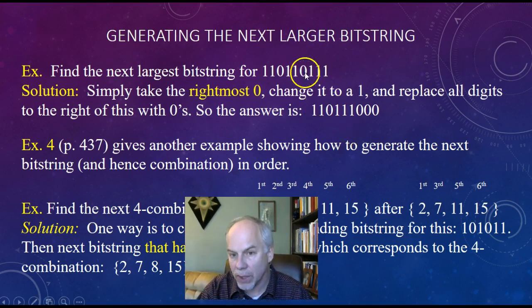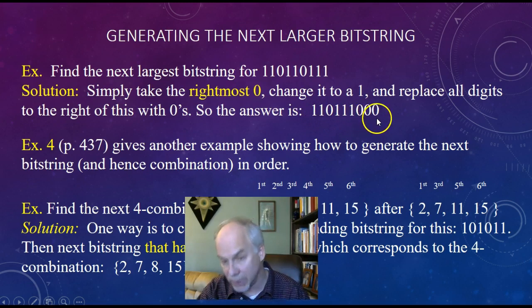So we're going to take this 0 on the rightmost side and change it to a 1, and then change all these 1s to the right of it to 0s. And so that's why I ended up with 110111000.